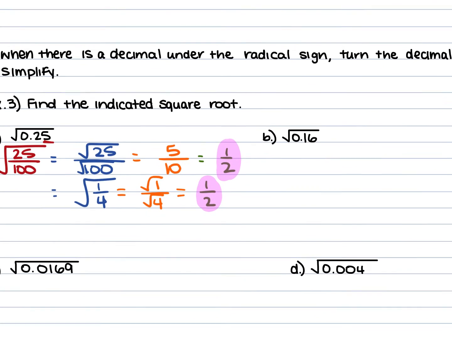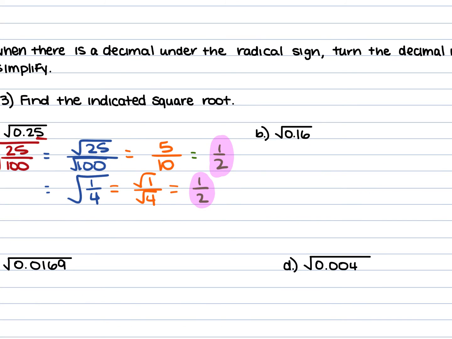For example B, we have the square root of 0.16. That 6, again, is in the hundredths place. So this is the square root of 16 over the square root of 100. All right, so the square root of 16 is 4. The square root of 100 is 10. So then this simplifies to be 2/5.